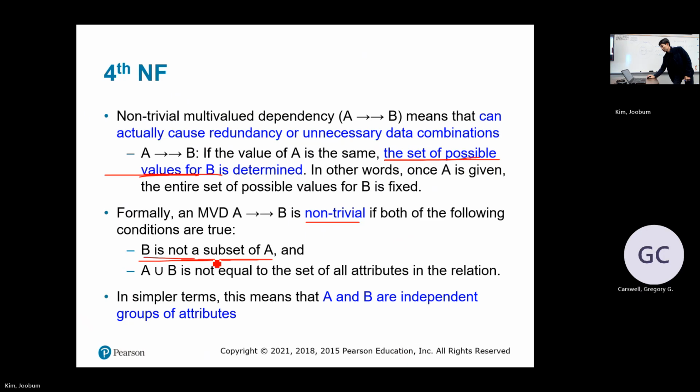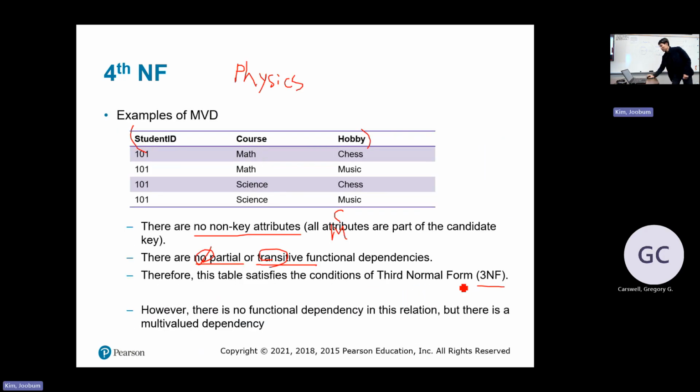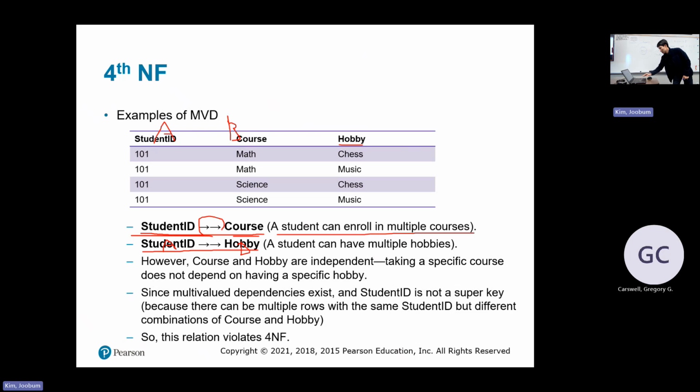And then the other one: the union of A and B must equal the set of all attributes in the relation. Here, this is A, student ID, and course is B. R is student ID, course, and then hobby.